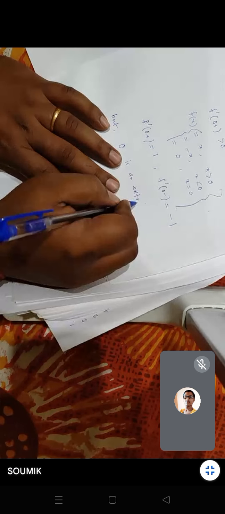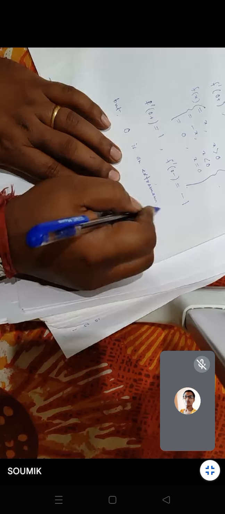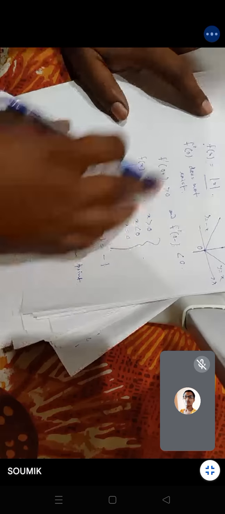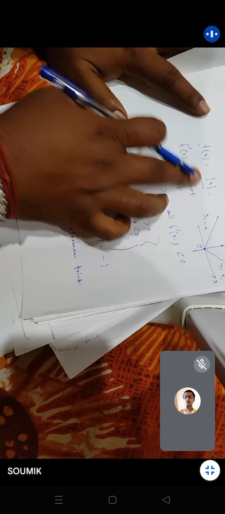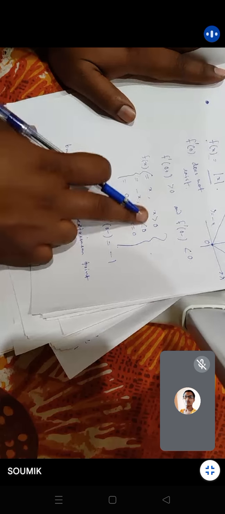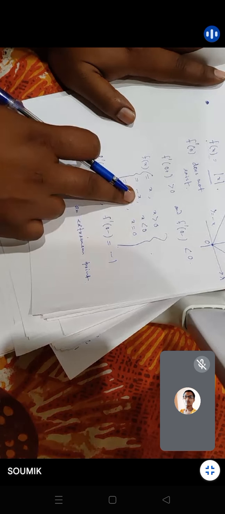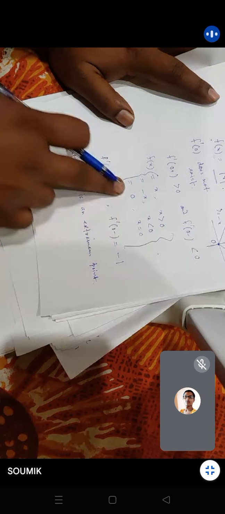Once again. Okay. The function fx is equals to mod x. That means fx is equals to x when x is positive. When x is negative, fx is equals to minus x, and 0 when x is 0, right?